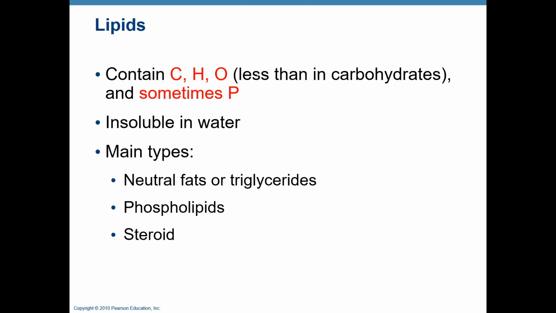A lipid molecule usually has C, H, and O. However, sometimes in lipids you will also find P, phosphorus. Lipids are insoluble in water, and the three main types of lipids found in the body are neutral fats, also known as triglycerides or TG, phospholipids, and steroids. Triglycerides are mostly present in the blood.